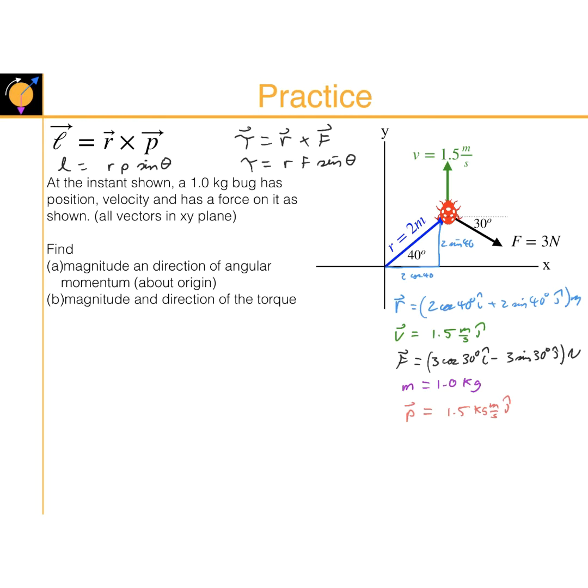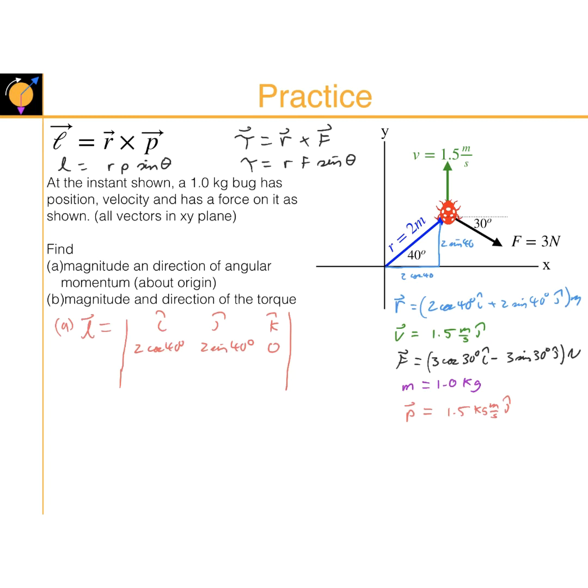So now for A, we can calculate the angular momentum. The angular momentum is going to be the cross product of i, j, and k components of everything. So the first row is going to be the r components, right? So this is going to be 2 cosine 40 degrees, and the j component is going to be 2 sine 40 degrees, and this is going to be 0.